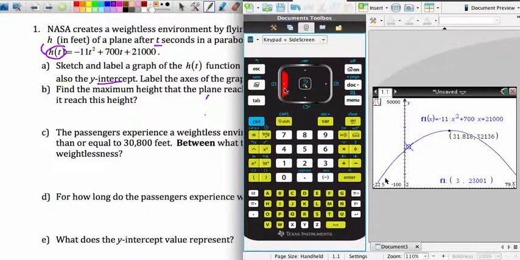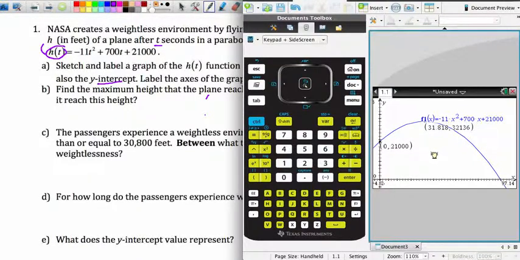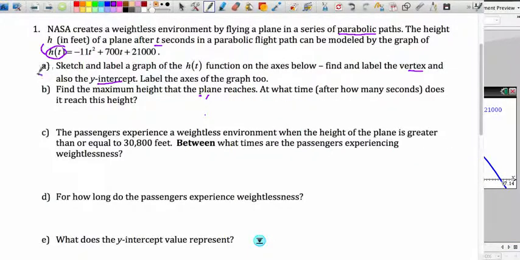You should know from the previous lesson that the y-intercept that I'm looking for is going to be at 21,000. And what I'm going to do then is just grab the graph and drag it back to make sure that I can see the other key parts of the graph. Okay, so we've taken care of the first one. We've graphed the function, we've labeled the vertex and the y-intercept.